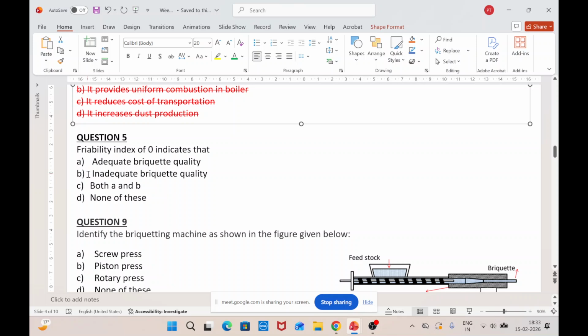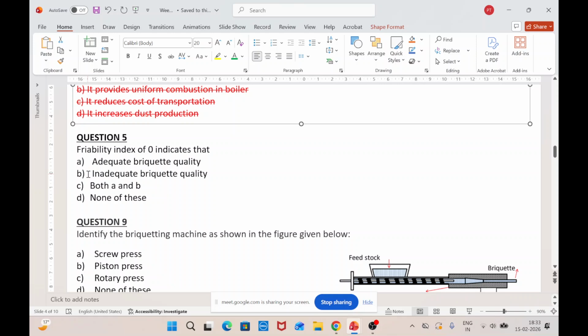So friability is nothing but the resistance to mechanical shock. Friability is basically the briquette's resistance to mechanical shock during the handling of the briquette. Sometimes there may be some sort of mechanical shock, like dropping of the briquettes on the floor.